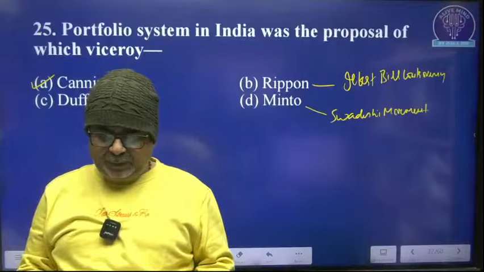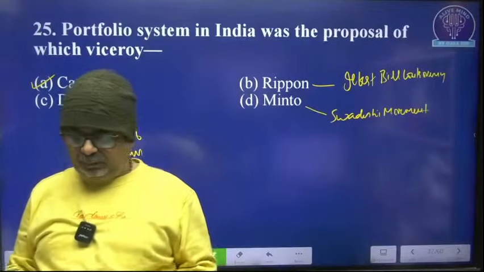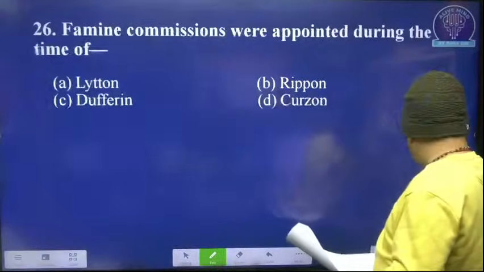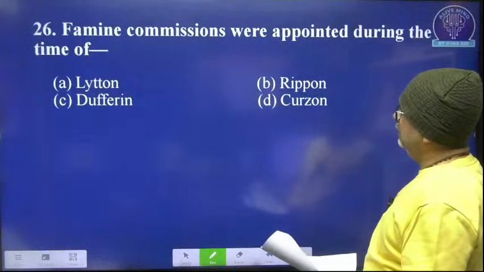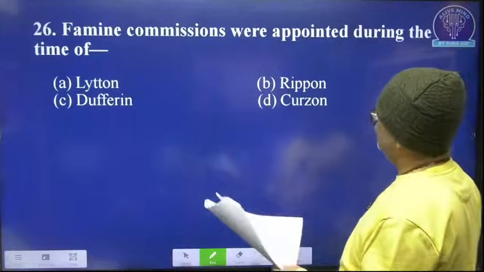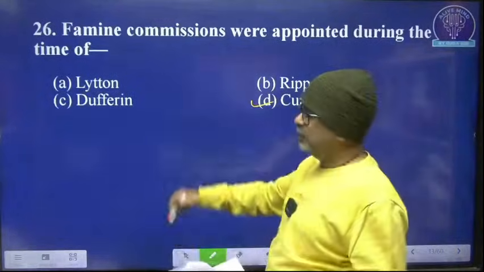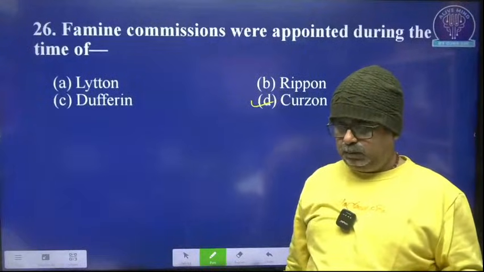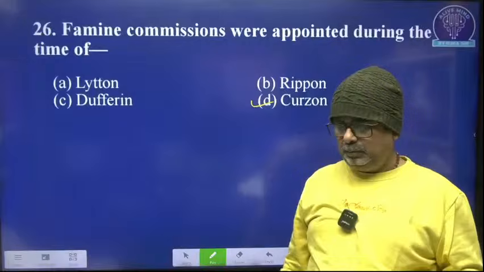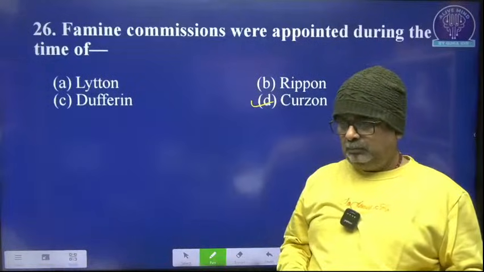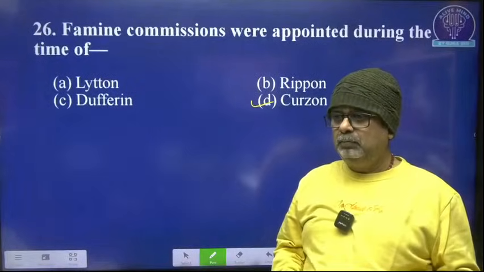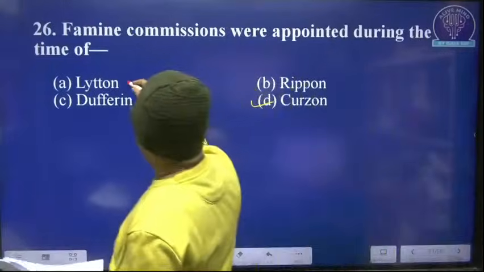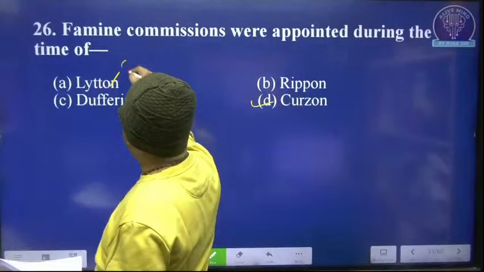Famine commissions were appointed during the time of Curzon. Lytton also. What was the name of the commission appointed during the time of Lytton? Strachey Commission.